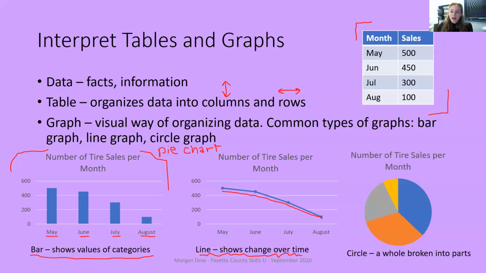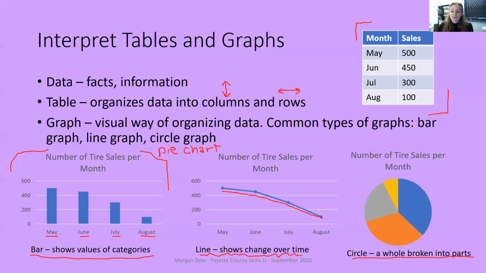And then finally, we've got circle graphs. So circle graphs are good for showing how a total is broken up into different parts or different categories. So here again, we have the same exact data, broken up by month, and it's all fit into a circle.